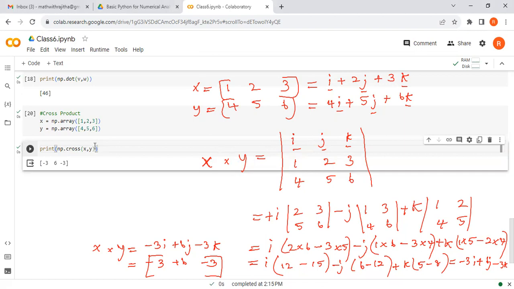So what does this mean actually? The physical meaning of this is, let's say we have a vector x and we have a vector y. The cross product between x and y gives us a vector perpendicular to x and y.